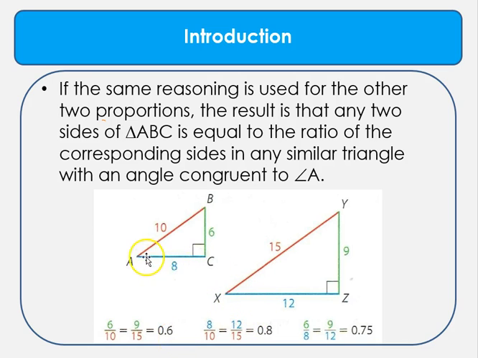If we take the long leg AC to the hypotenuse in both triangles, we'll have 8/10 equals 12/15, which is 4/5. And if we take the short leg to the long leg, 6/8 and then 9/12, they both reduce to 0.75, which is 3/4.